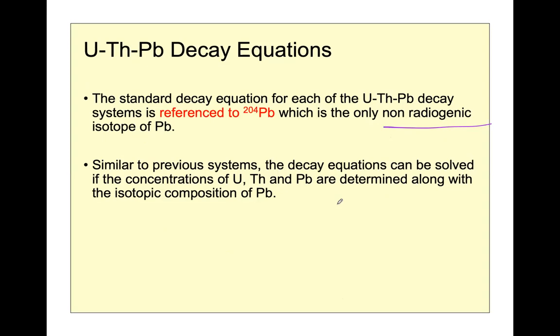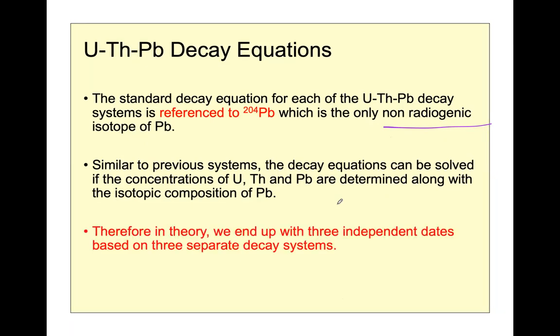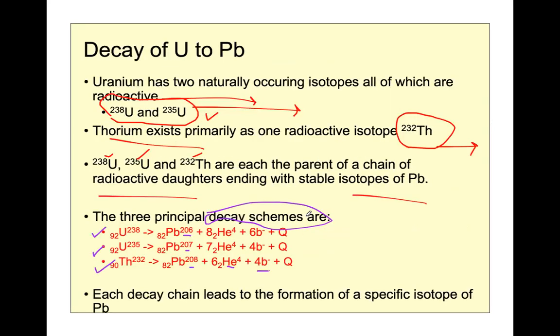And we can construct similar decay equations like in the previous systematics for strontium and neodymium. The same way you can construct decay equations, and in this situation the important feature is you are getting three independent ages from a single sample, a single analysis.